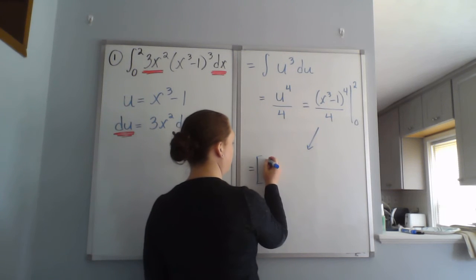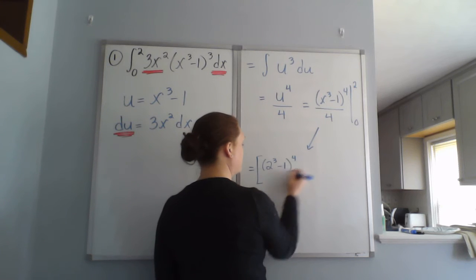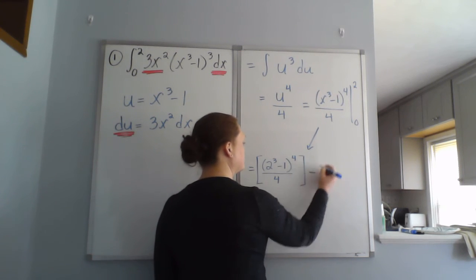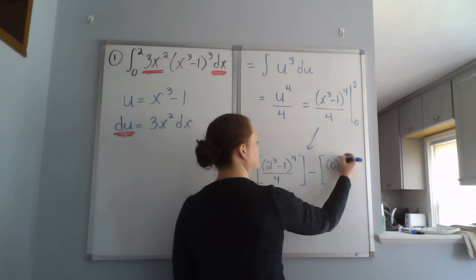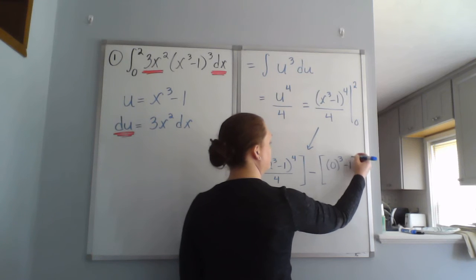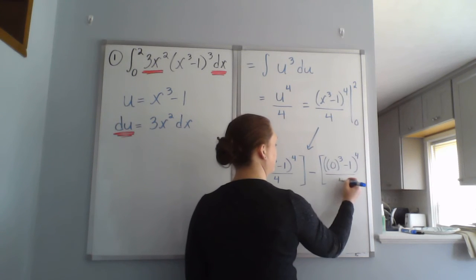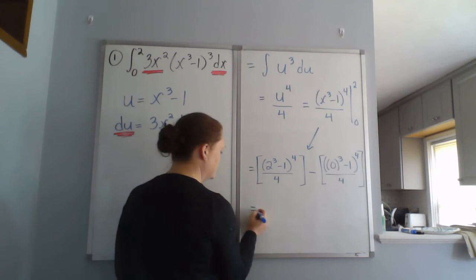So I'm going to have 2 to the third minus 1, raised to the fourth power, divided by 4. So that's my first number. Subtract, I need to do 0 to the third minus 1, that whole thing to the fourth power, divided by 4.